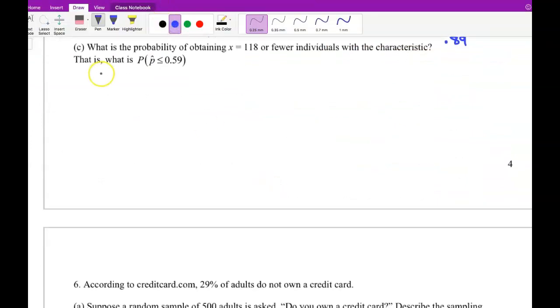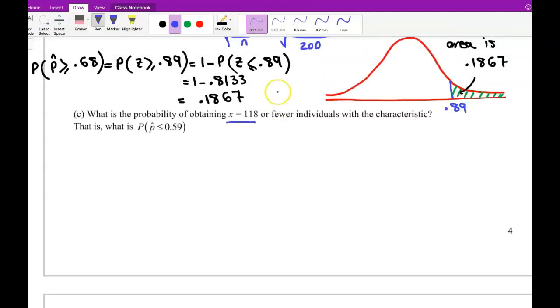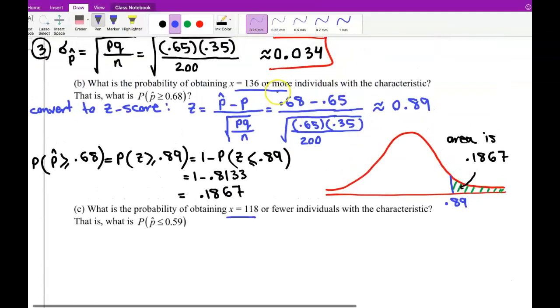Now part C, what is the probability of winning? Here X is 118. Okay, I forgot to explain how we use this. So 136, okay, I'm writing that here.